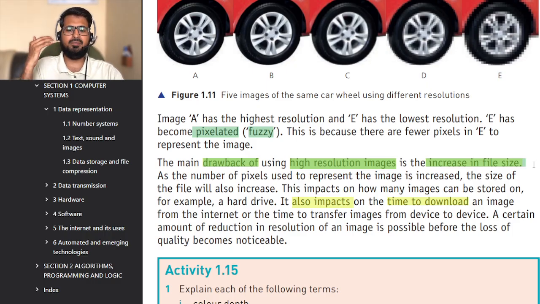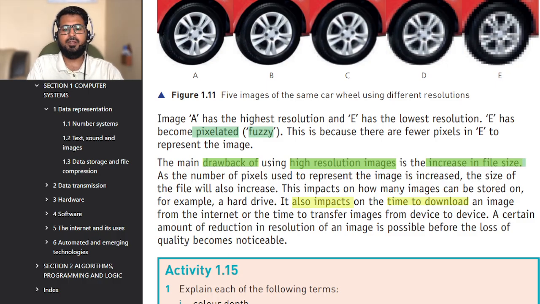Because the examiner is going to judge your concepts regarding the representation of images by giving you file size questions, as we saw these types of questions in a previous video when we were discussing sound. So for sound and for images, the examiner is going to give you file size questions to understand your logic and your concept of the topic.